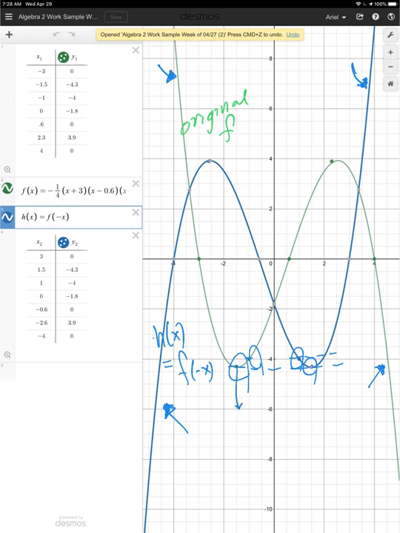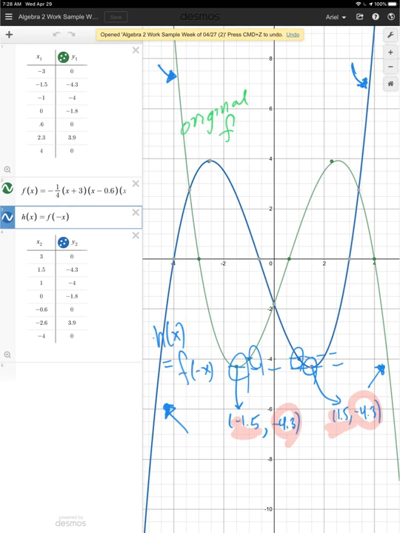For example, this point right here was negative 1.5, negative 4.3, and the corresponding point on the blue graph, h of x, is 1.5, negative 4.3. So look at the x and y values. You see that the y values are the same, but the x values have changed signs.